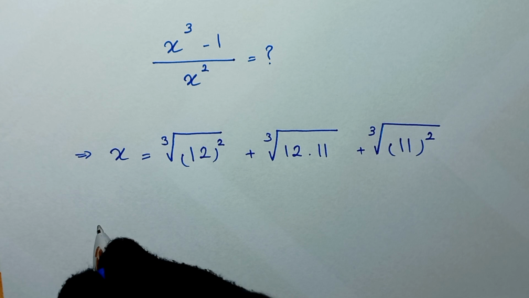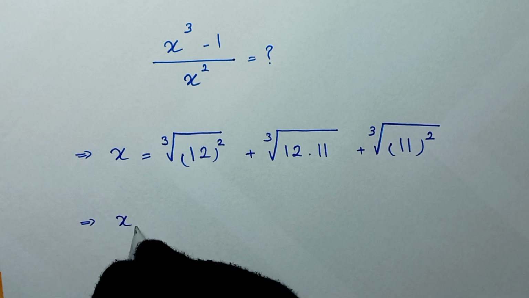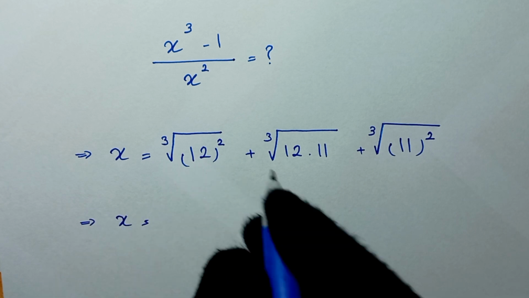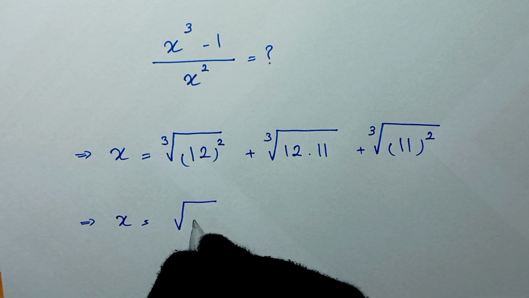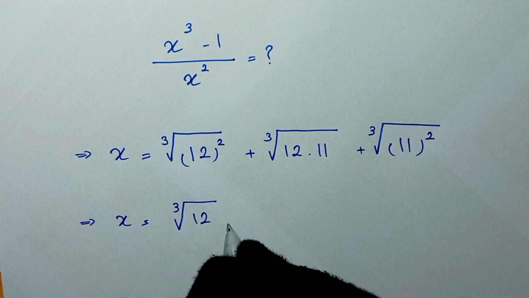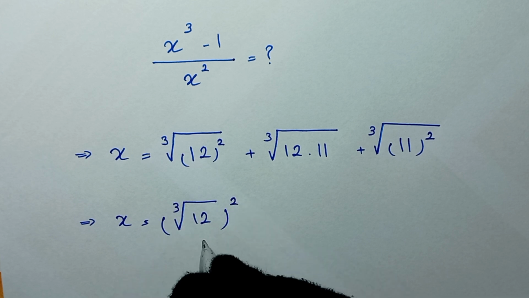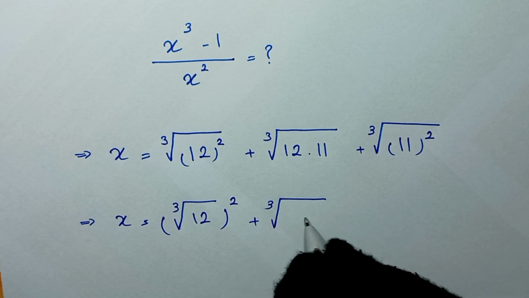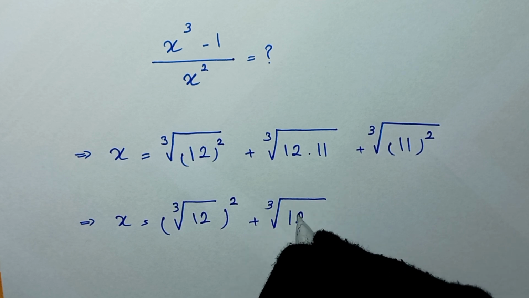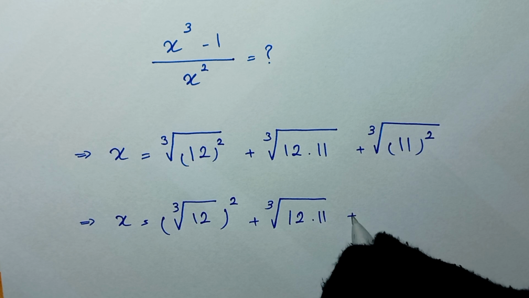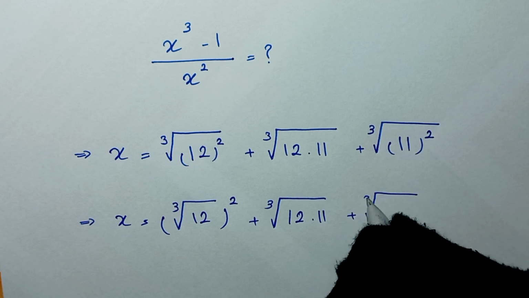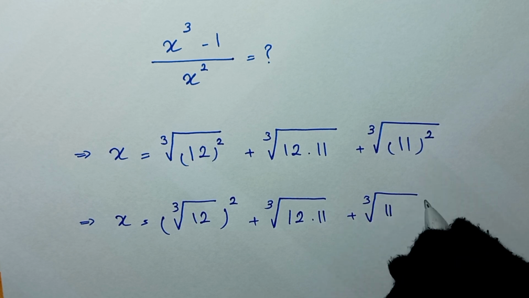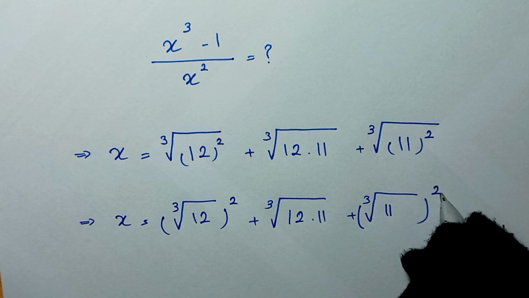And x is equal to cube root of 12 to the power of 2, right, and plus cube root of 12 times 11 and plus cube root of 11 to the power of 2.